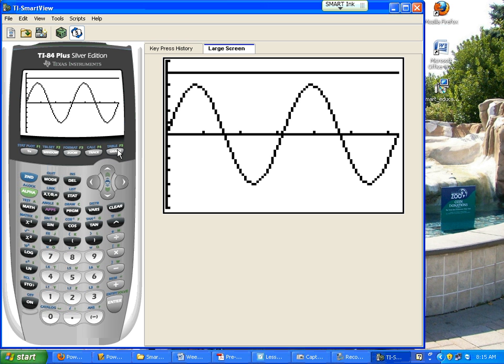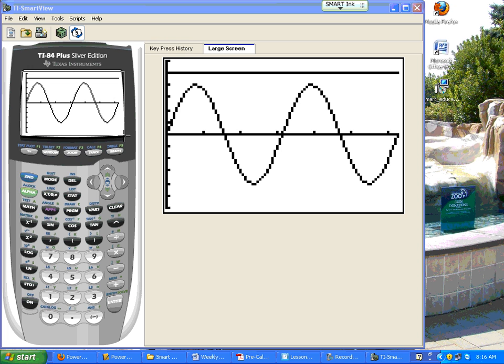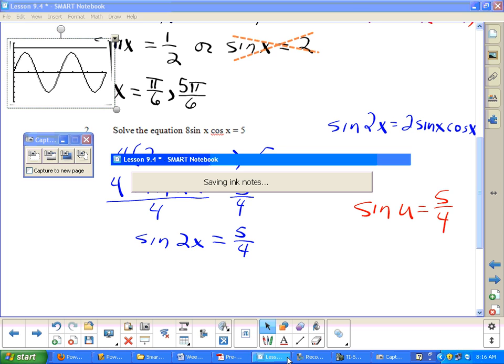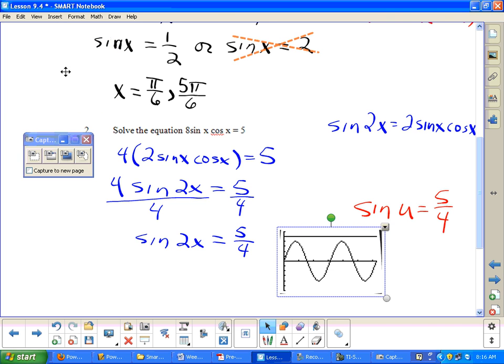All right, how many solutions are there? You see one? You see more than I do then. Okay, so here's the graph of it. So there is no solution.